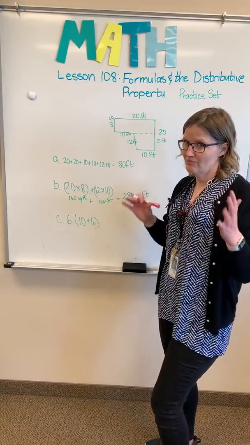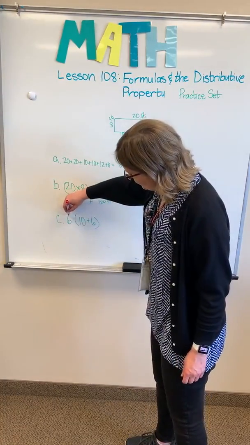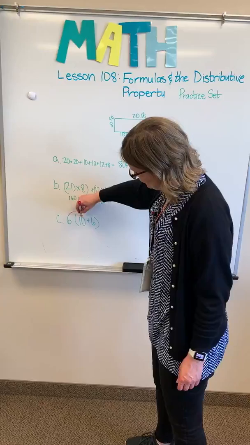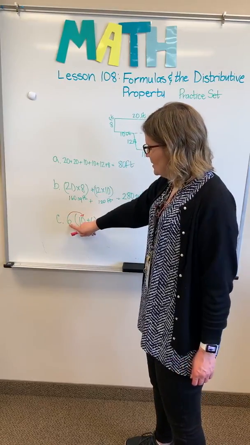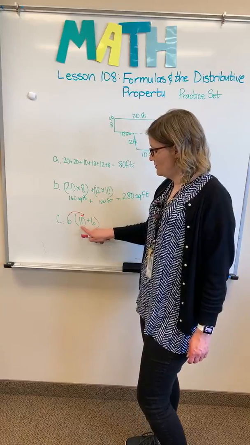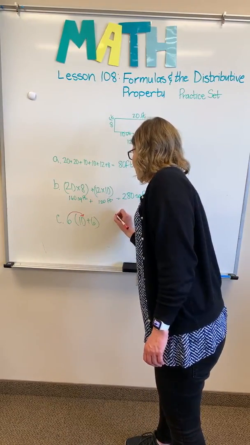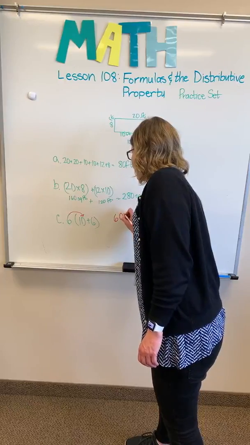We distribute this number. We first multiply 6 times the first of the addends, which is 10. We know that 6 times 10 is 60.